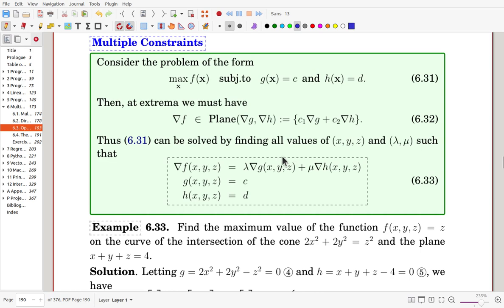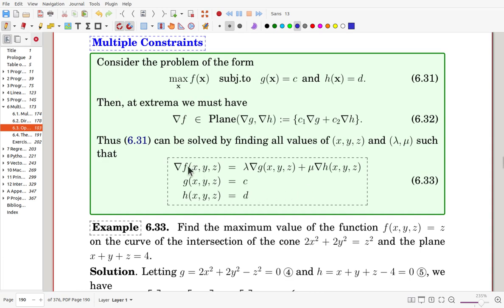So here we formulate these 5 equations when the function is defined over R3 in x, y, z. Now, gradient of f is the same as lambda gradient of g plus mu gradient of h. So gradient of f is a linear combination of gradient of g and gradient of h. And we have these two constraints.